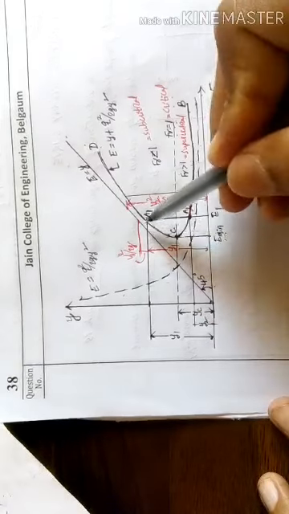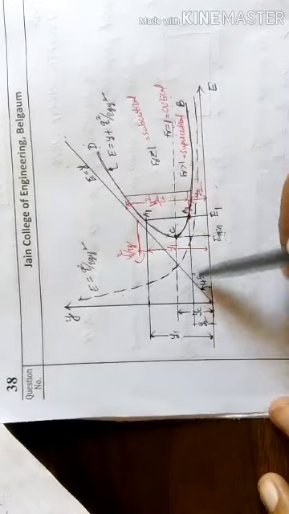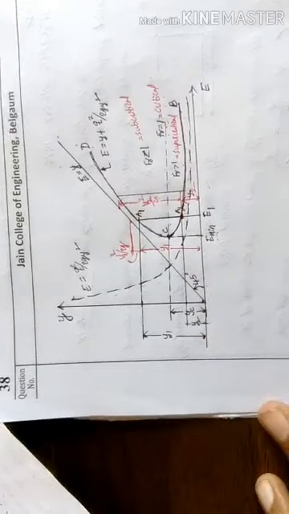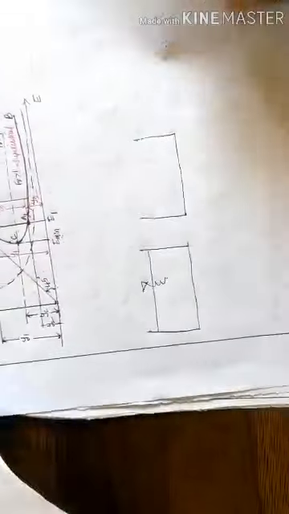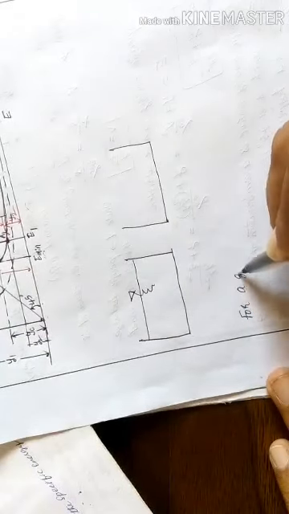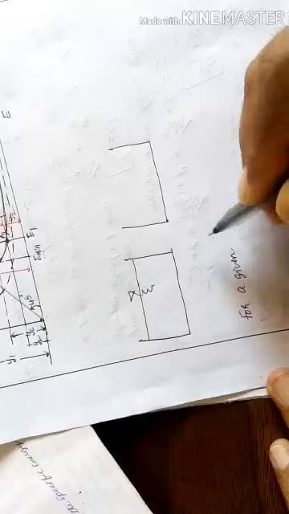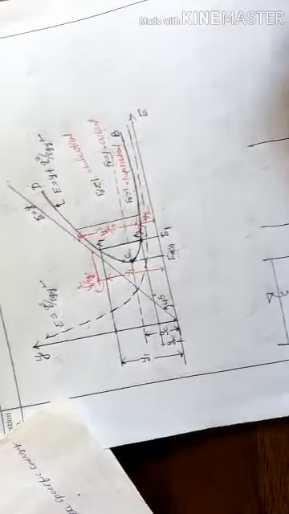Except at point C, wherever we draw a line on the curve, we get two different depths with the same energy. The curve is drawn for a given constant discharge, and only the depth of flow is varying.